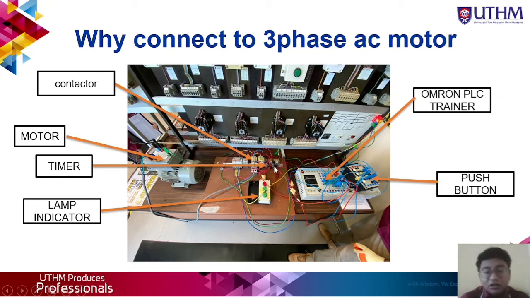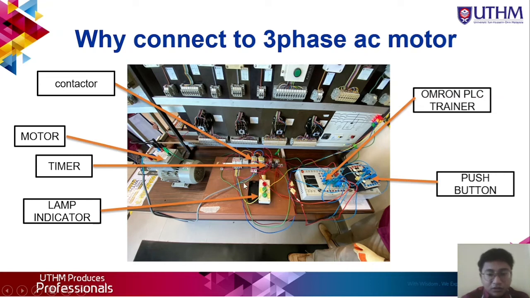When we press push button 1, the green lamp indicator will glow. After 10 seconds it will close, because we set the timer at the PLC trainer. When 10 seconds is reached it will close, and the red lamp will glow.